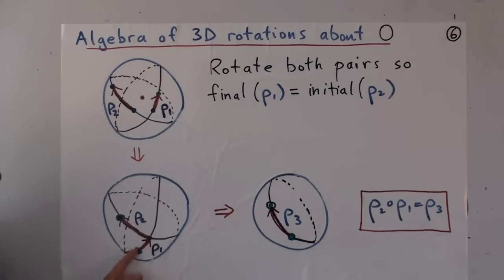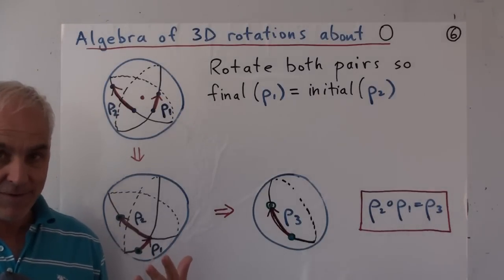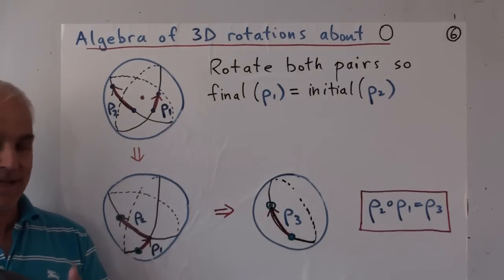So the combination of rho 1 and rho 2 is reflection in the plane perpendicular to this point, followed by reflection in the plane perpendicular to this point. And then rho 2, reflection in the plane perpendicular to this point, followed by reflection in the plane perpendicular to this point. And just as in the planar case, those two intermediate reflections cancel because they're the same reflections. We've cooked it up so that they are the same.